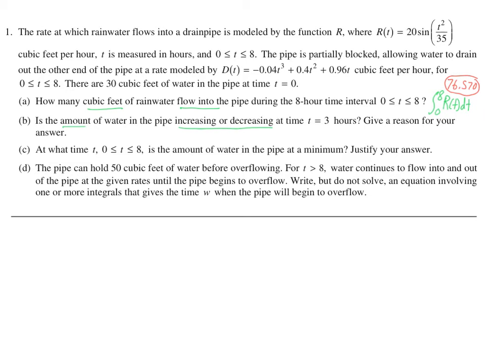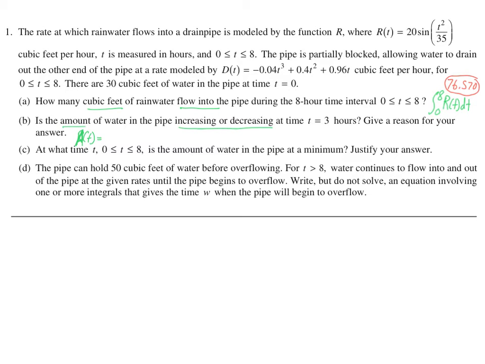So let's think about this. How do we find the amount of water increasing? Well, don't we want the rate at which it's in the pipe? Now, isn't the rate at which it's in the pipe simply going to be R of t minus, I'm going to call this actually amount. Okay, the amount in the pipe.